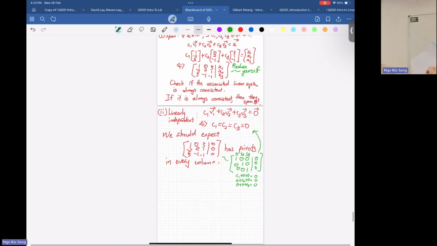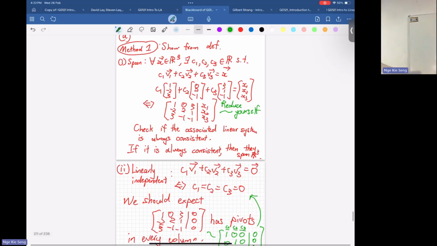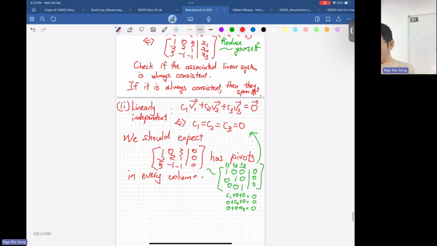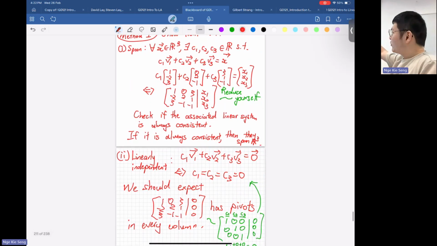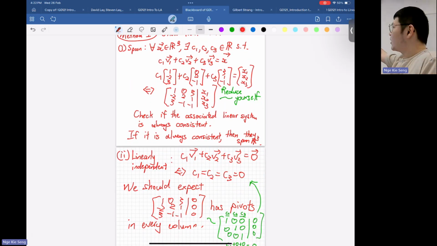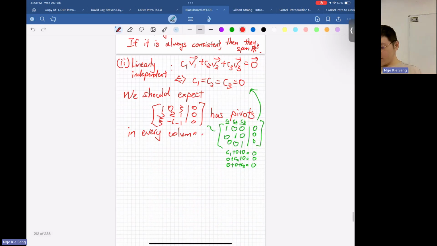So this is a very traditional method, right? Method 1 and method 2. If you notice, both calculations involve solving an augmented matrix. So let's use method 2, it's quicker.